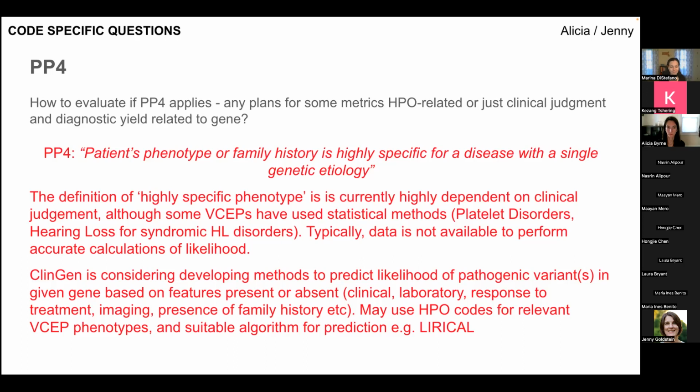So it's something that we're thinking about in terms of maybe using tools like Lyrical and including HPO codes for different clinical symptoms associated with the condition to see if we can provide some more guidance on that. This is still in very early stages, so it will likely be a while before we have any answers, but just to let you know that this is something that we are continuing to think about. That's all I have for that one, but thanks, that was a great question. Great, thanks.